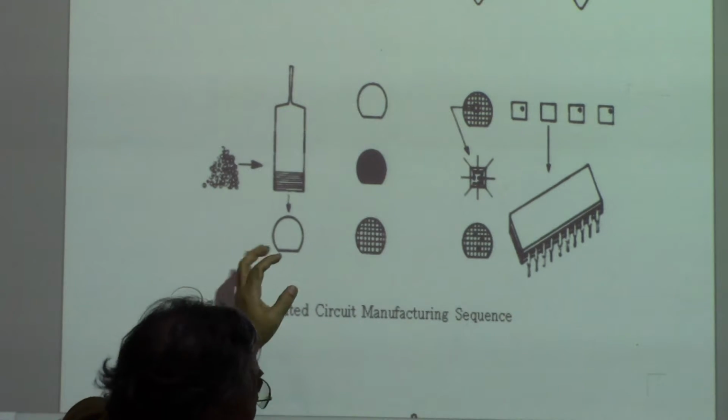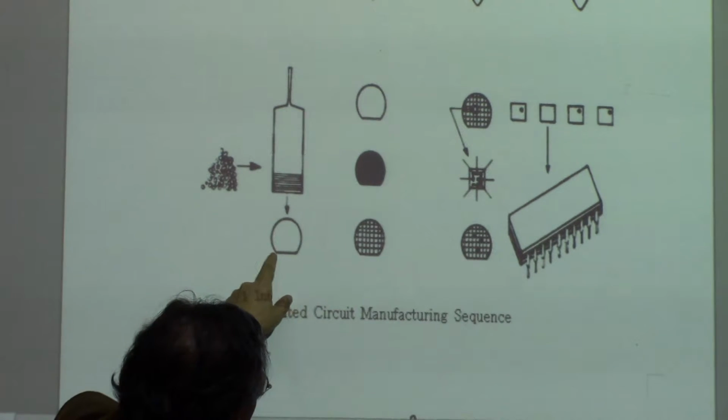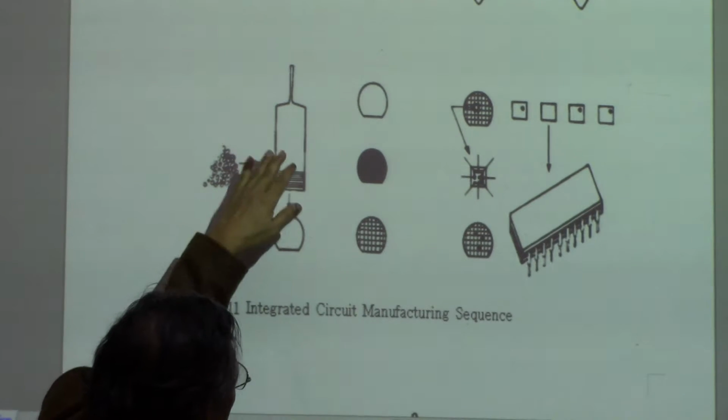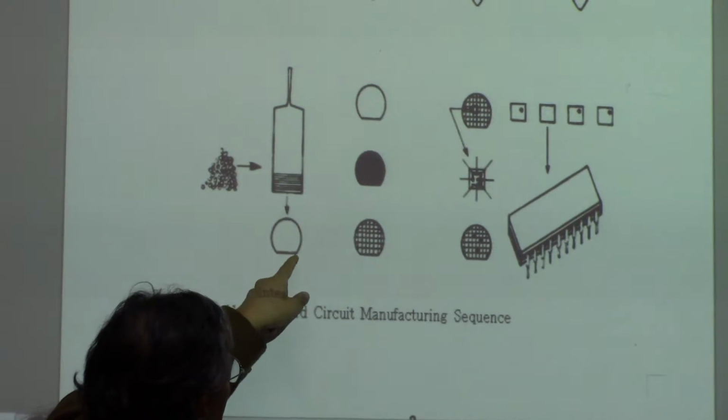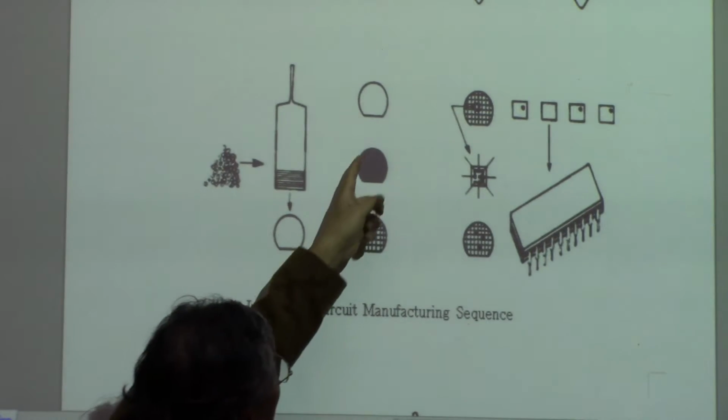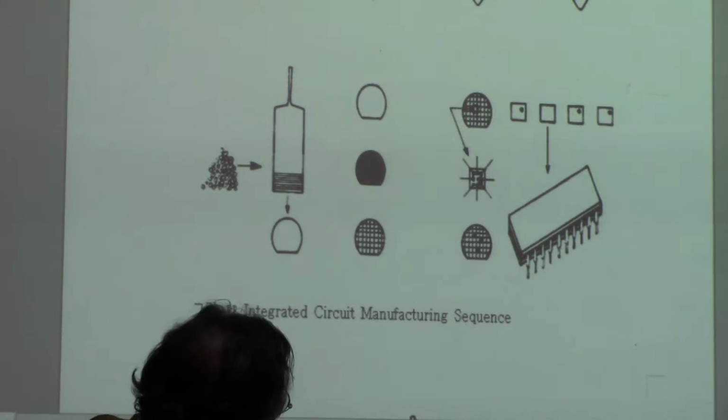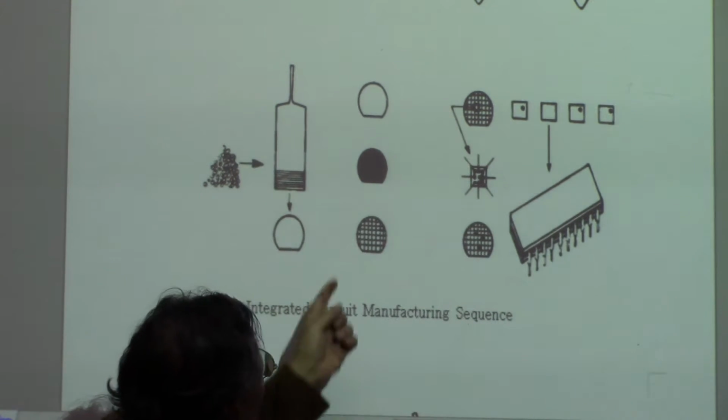And to identify that, we make a mark, like cutting one side flat, like this. That's why it is not a circle.